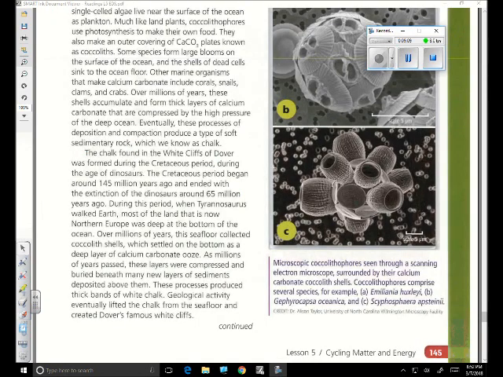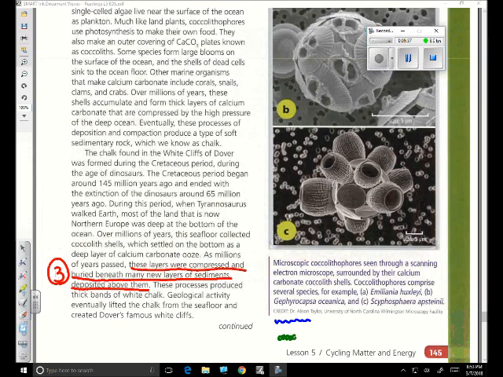So your third step is where it says these layers were compressed and buried beneath many new layers of sediments deposited above them. So this is number 3. So basically what it's saying right here is you have this ocean, and at the bottom of this ocean you have these shells from these dead animals, and they're getting buried on top of each other.